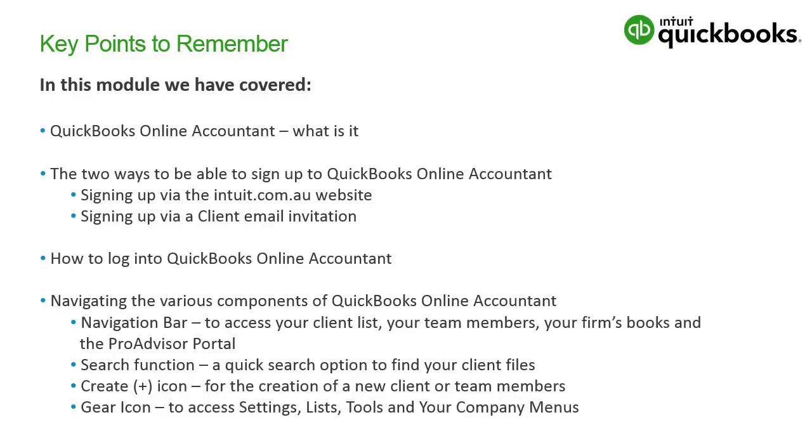And we've looked at the various components of the navigation in QuickBooks Online Accountant. We have the navigation bar that runs down the left-hand side to access our client list, our team's members, our firm's books, our portals, and now workflow. We have the search function, which enables a quick search to find our client files from the drop-down list.